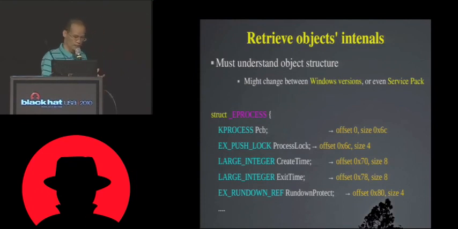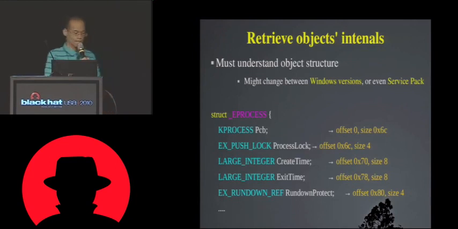So if you want to know the create time of this process, you need to know that the create time field of this structure stays at offset 70, and this field has a size of 8. You need to know where it stays in the structure and its size. That means you must understand the object structure.